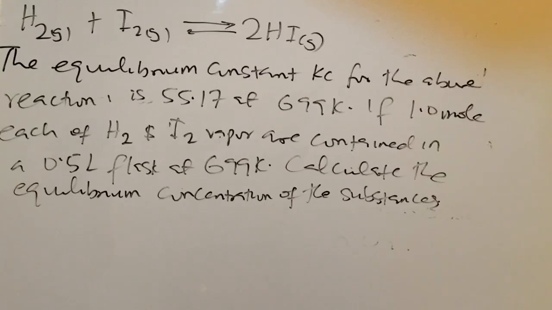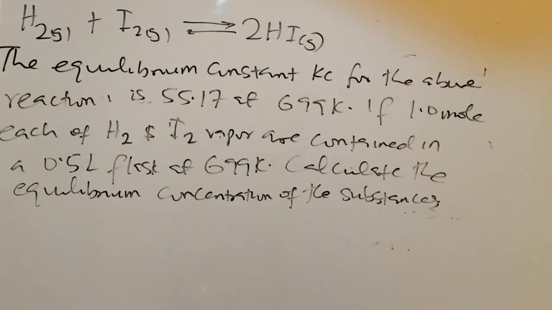The question says the equilibrium constant Kc for the above reaction is 55.17 at 699 Kelvin. If 1.0 mole each of hydrogen and iodine vapor are contained in a 0.5 liter flask at 699 Kelvin, calculate the equilibrium concentration of the substances, the reactants and the products.